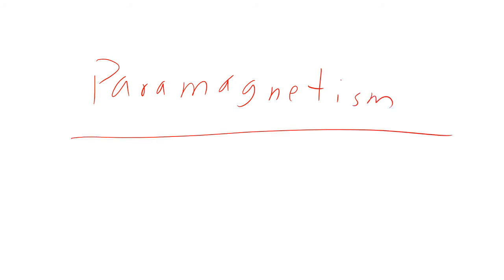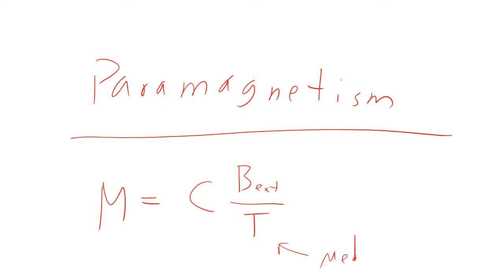Now, the actual equations related to paramagnetism are that the magnetization here is, again, we talked about the magnetic susceptibility, but that is related to a constant, a Curie constant, times the external magnetic field divided by the temperature. So this is not period, that's temperature, and that's measured in Kelvin.